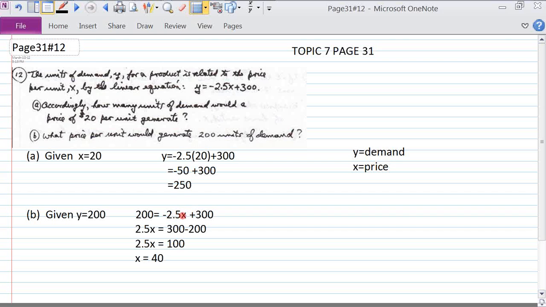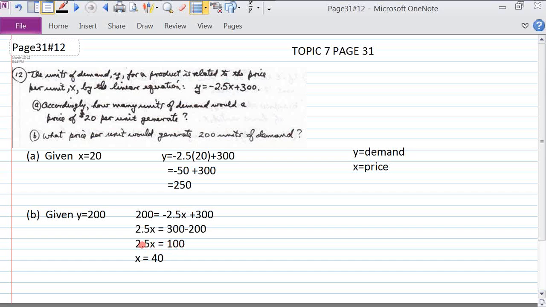So we take the minus 2.5x and bring it to the left side so it becomes positive. We take the 200 from the left and put it on the right, and it becomes negative, and the 300 stays on the right. So 300 minus 200 is 100. 2.5x equals 100.